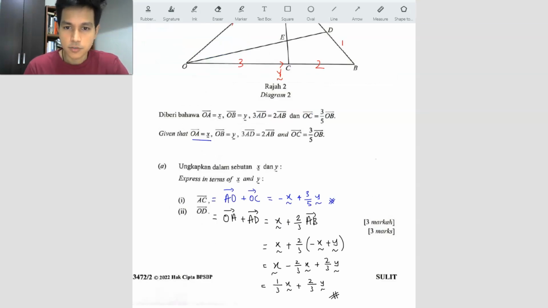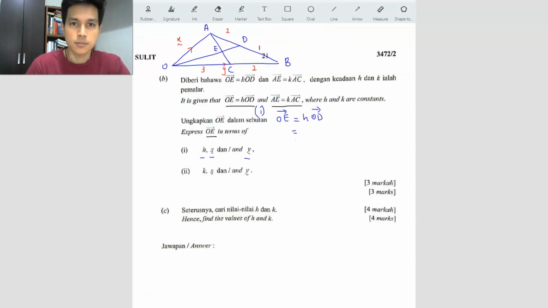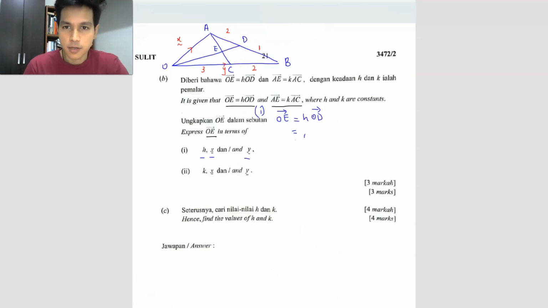OD is 1 over 3x plus 2 over 3y. So you just substitute. So this one is quite straightforward. H times 1 over 3x plus 2 over 3y. So you expand this, you get the deal. So 1 over 3 hx plus 2 over 3 hy. Done.